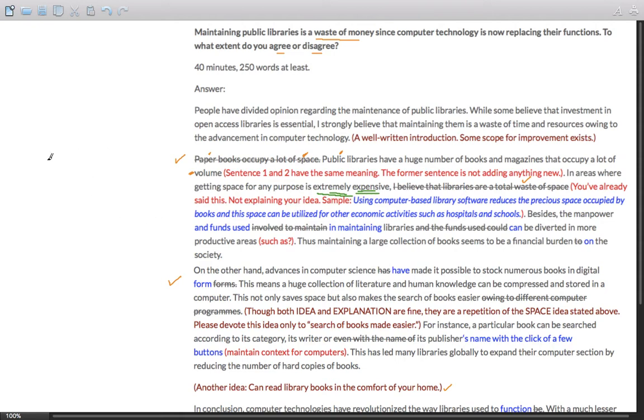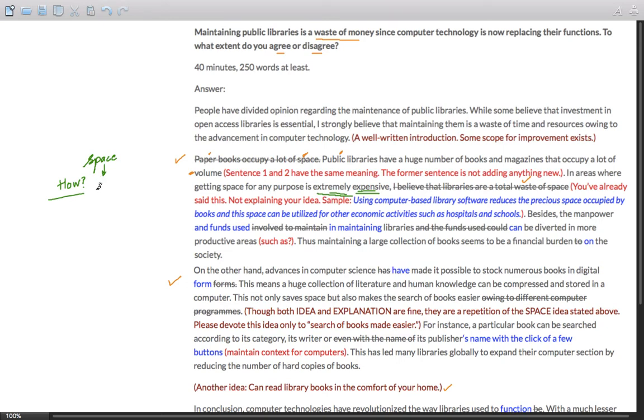So your idea over here is on space. The focus should not be on repetition of space in different words such as volume, total waste of space. The idea should be how exactly is this wastage of space. So okay, they are occupying a lot of space, and that space can better be utilized for other purposes.